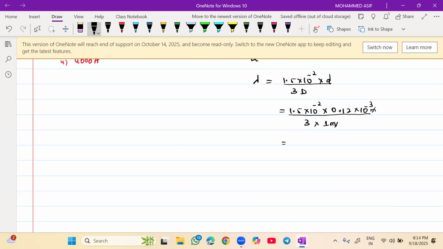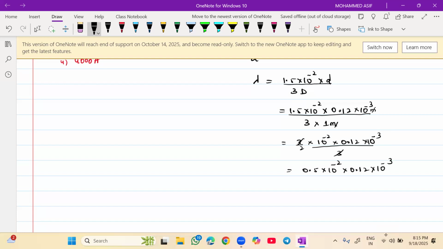This is 3 by 2 into 10 power minus 2 into 0.12 into 10 power minus 3 divided by this. The 3 gets cancelled. 1 by 2 is 0.5. 0.5 into 10 power minus 2 into 0.12 into 10 power minus 3.